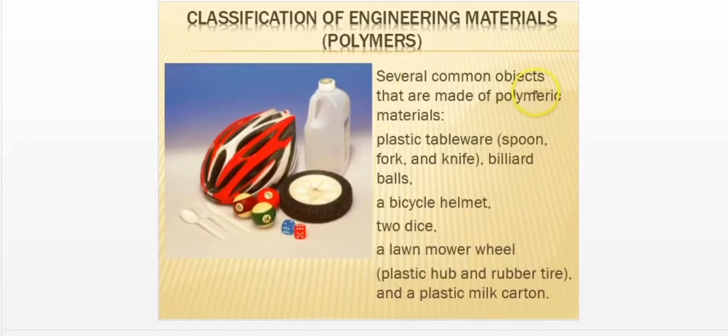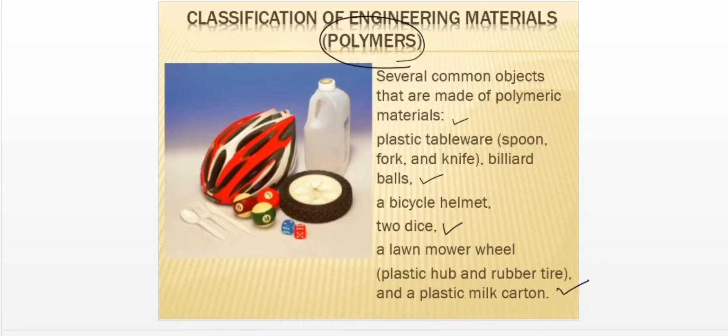And then the second part, which is on the polymer. These are several common objects that are made of polymer materials. For example, plastic tableware, spoon, fork and knife, billiard balls, a bicycle helmet, two dice, a lawnmower wheel.